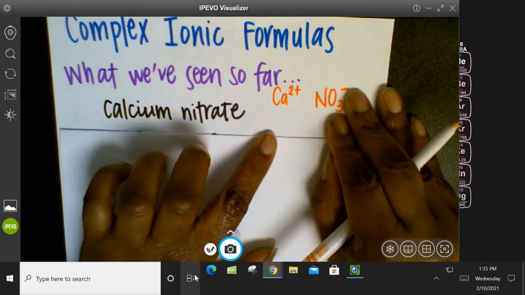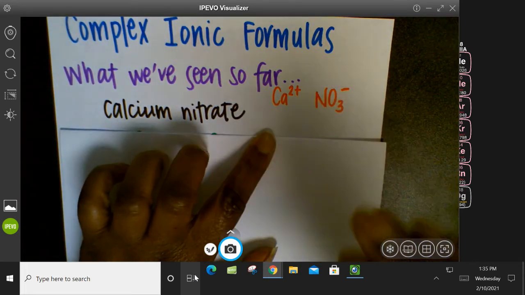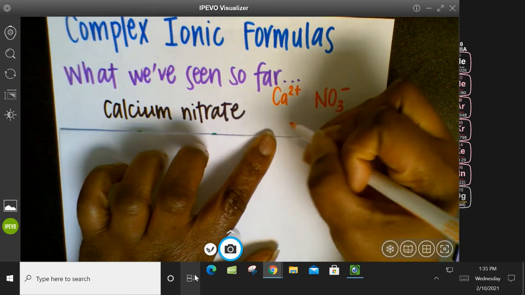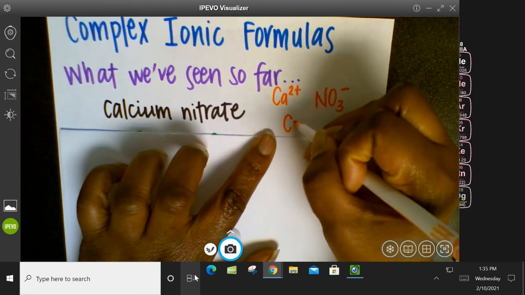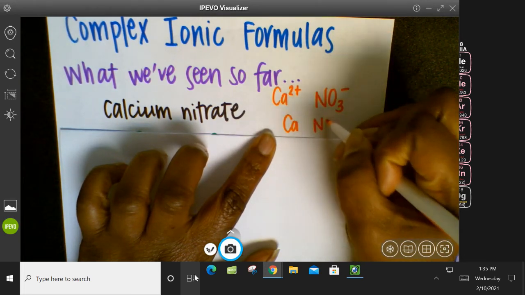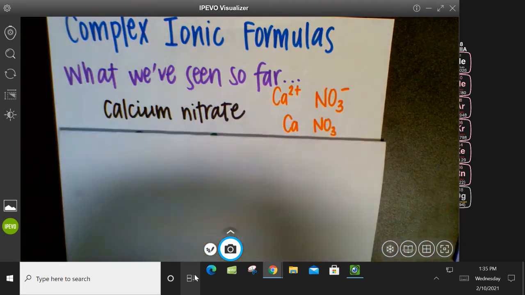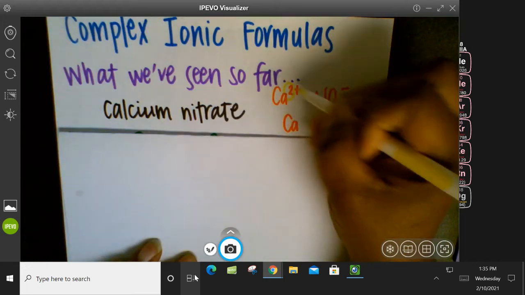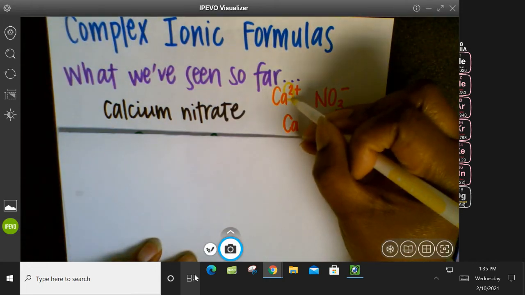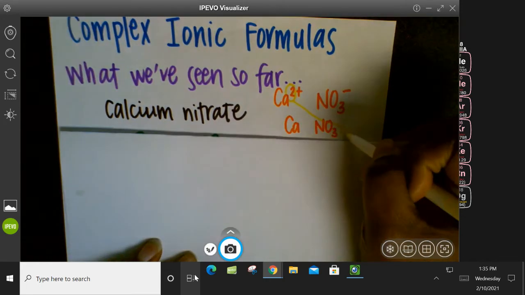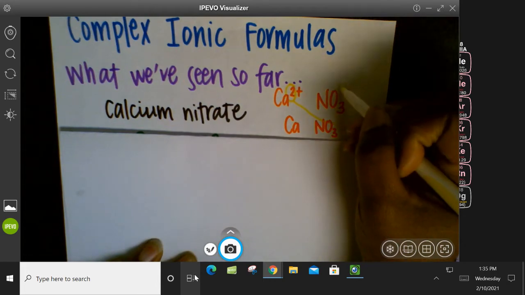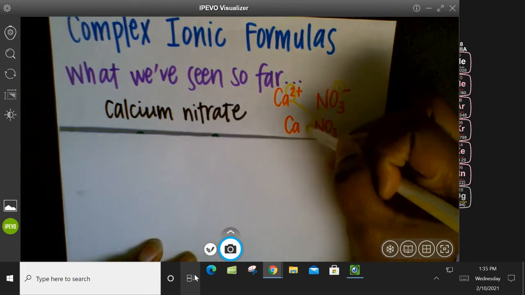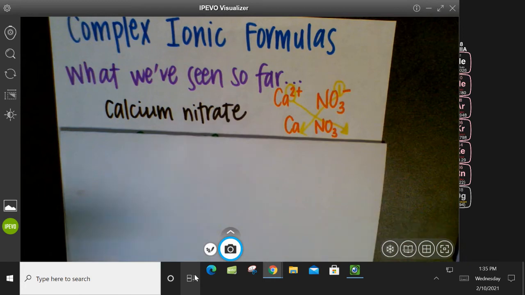And I think it's safe to assume that most of you like the crisscross method. So in order to write the formula, you're going to bring down the Ca and the NO3. And then the number 2 becomes the subscript outside of the NO3. And that understood 1 becomes the de facto subscript behind the Ca.